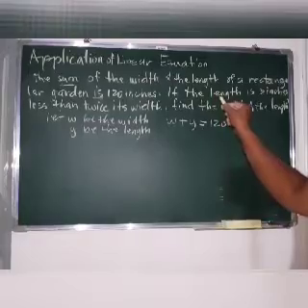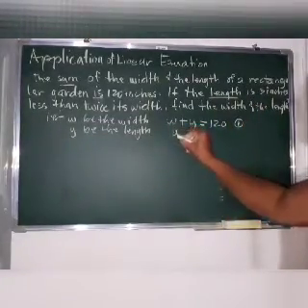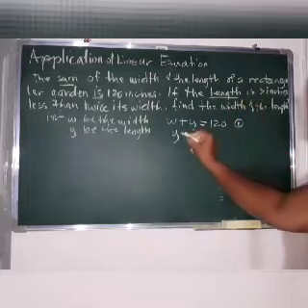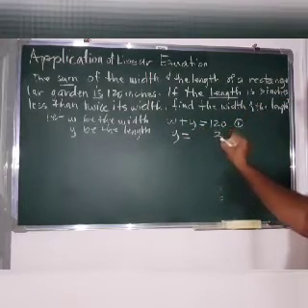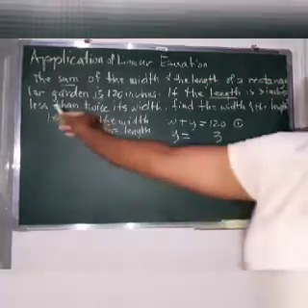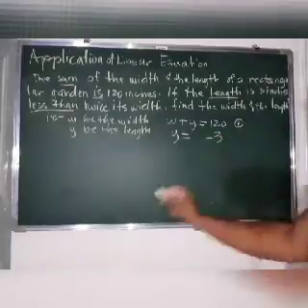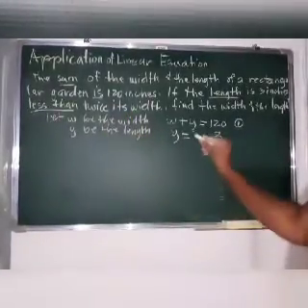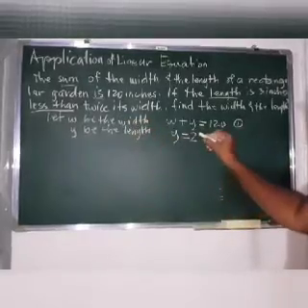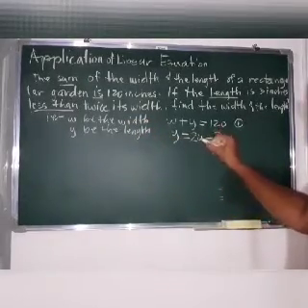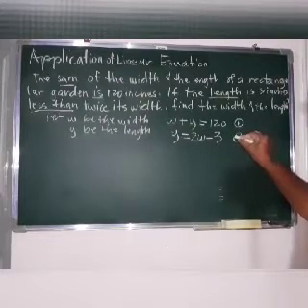The length is y. If the length is 3 inches less than, which means minus, twice, which means 2 times, its width. Our width is W, so 2 times width is 2W. So this is our equation number 2.